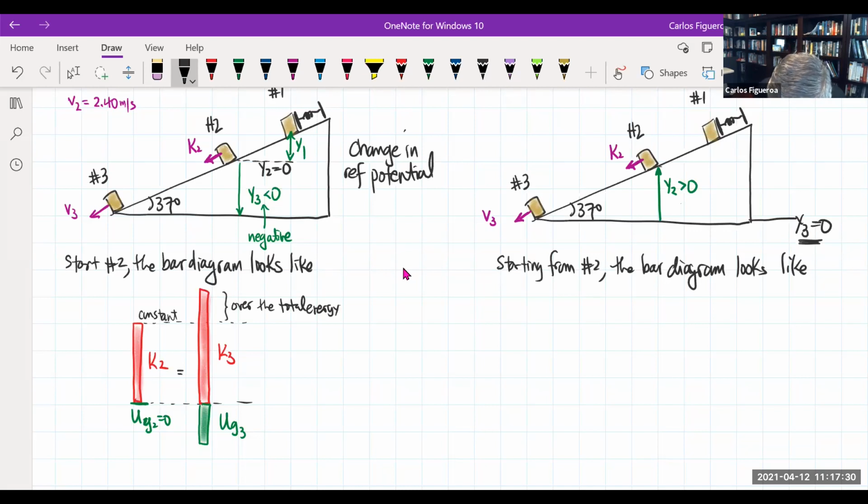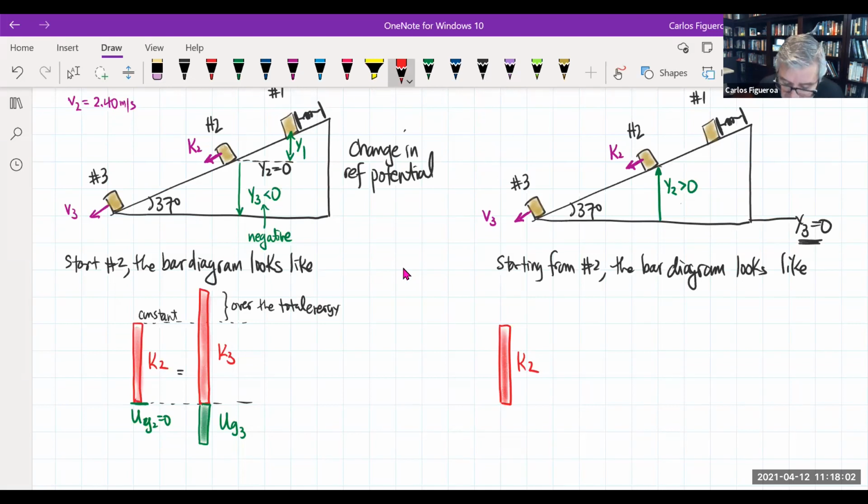So when I'm looking at this, here's what I'm going to find. If I look at how much kinetic energy I have at point 2, it's this right here. That doesn't change because the speed is the same. So the kinetic energy on the left and the kinetic energy on the right are exactly the same.